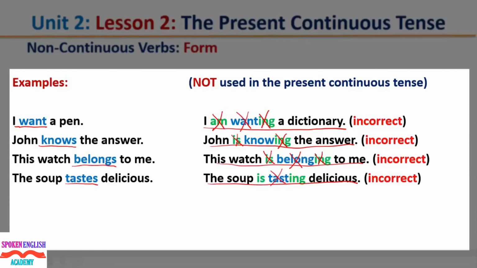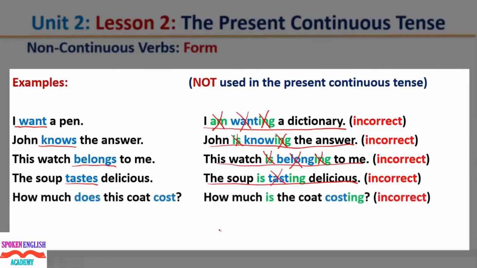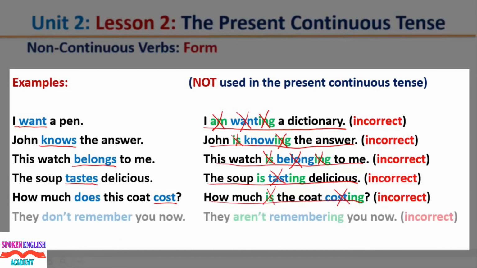Another example. How much does this coat cost? Again, the verb cost is a non-continuous verb. It cannot be used in the present continuous tense. So the sentence here, okay, is incorrect. Another example. They don't remember you now.